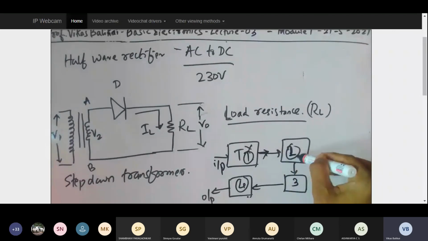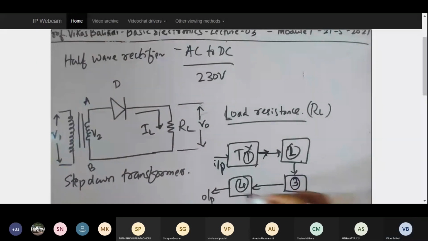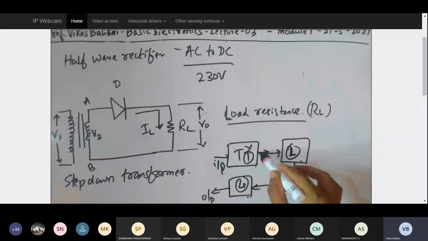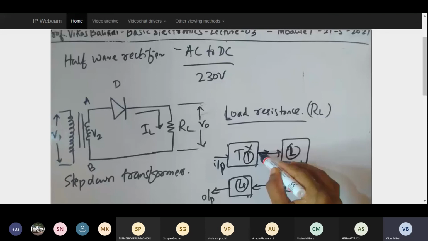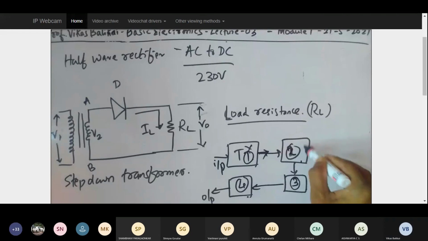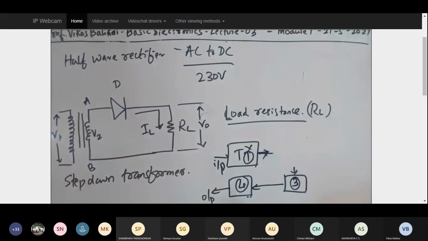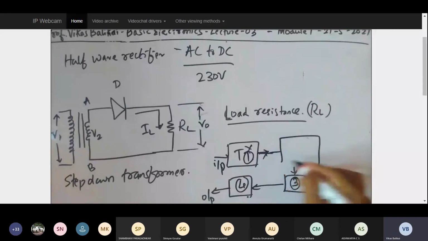Similarly, block number 2 will throw the output and that will act as input for block number 3. So in this entire process, the output of the previous block, let's say block number 1, is going to reach block number 2.